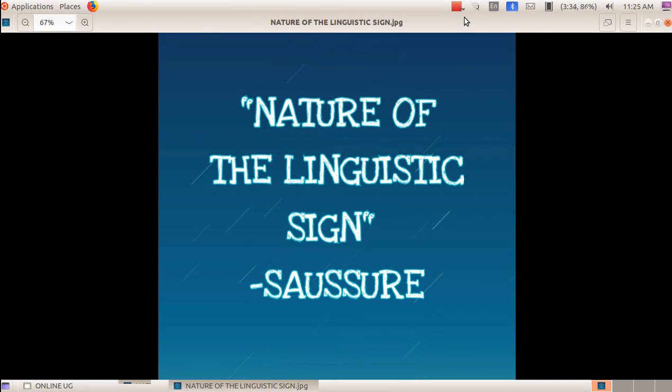The main tenet, the major argument of structuralism, as I told you in the beginning, is that things cannot be understood in isolation. They have to be seen in the context of the larger structures they are part of. This is the essence of the belief.